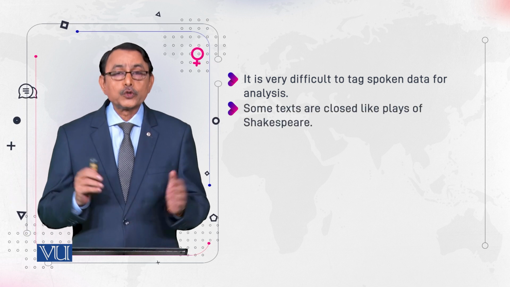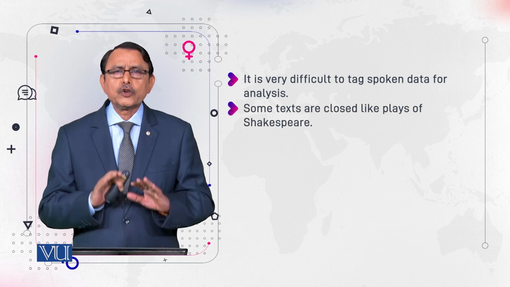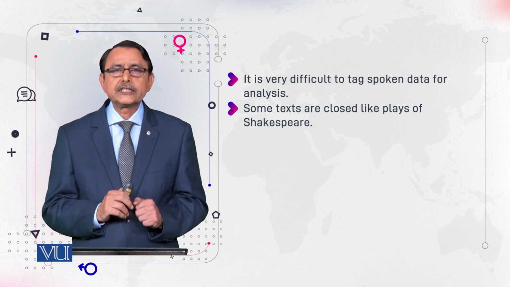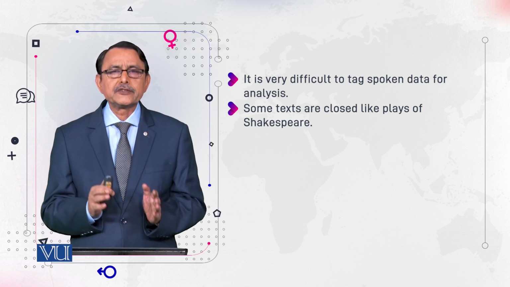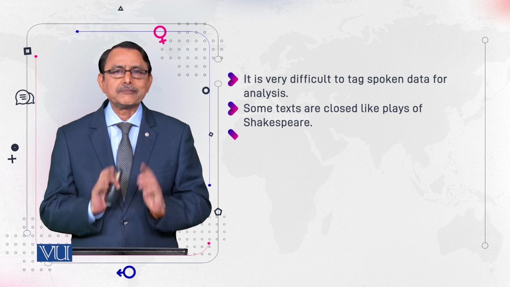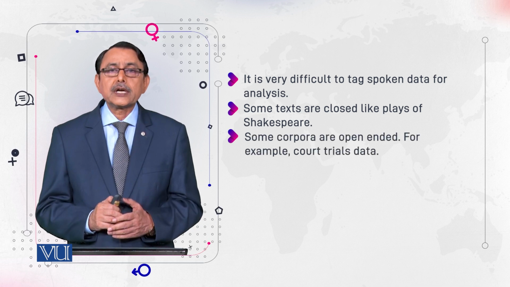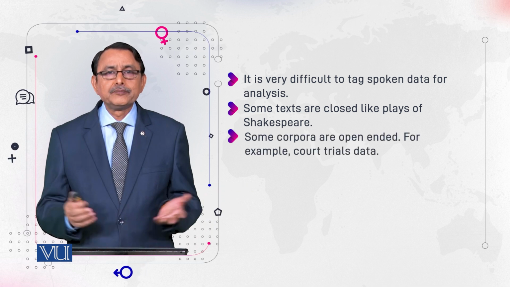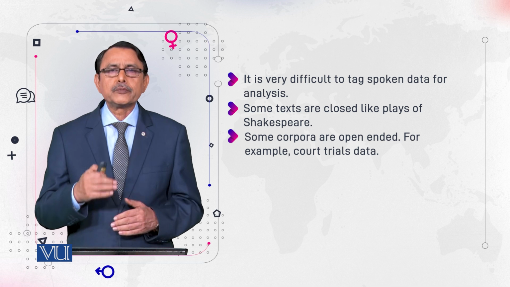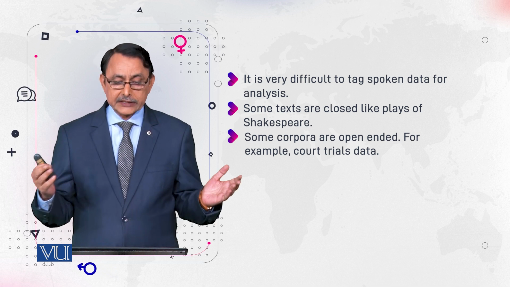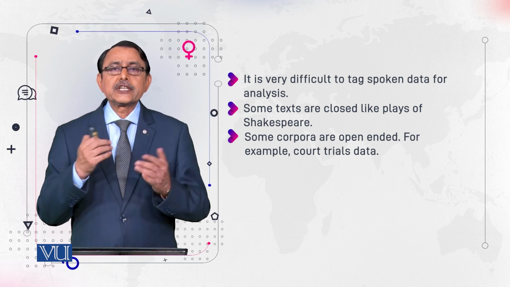Some texts are closed. They don't grow in size. For example, all dramas written by Shakespeare, this is a closed sample. And some corpora are open-ended. They would never be complete. There would be no end to them. For example, court trials data.